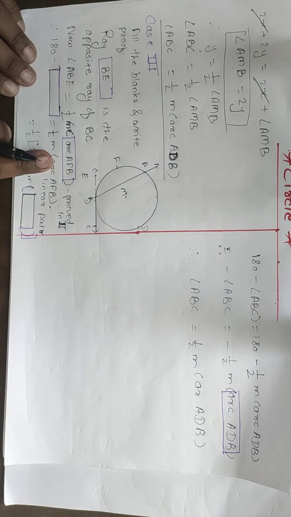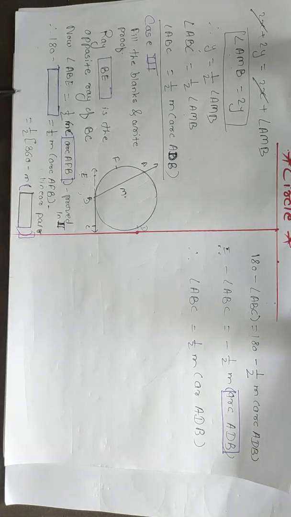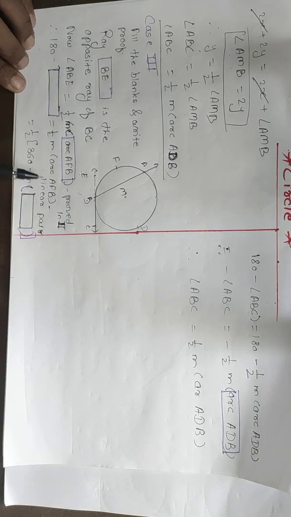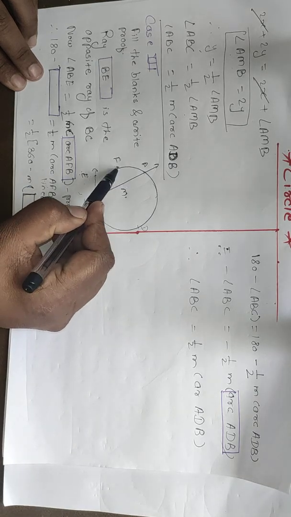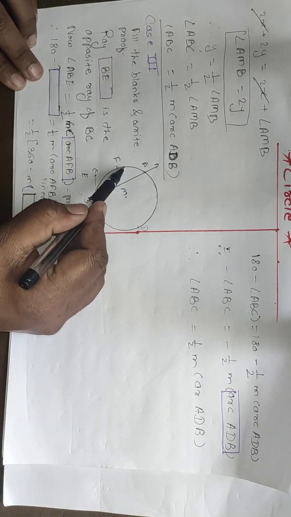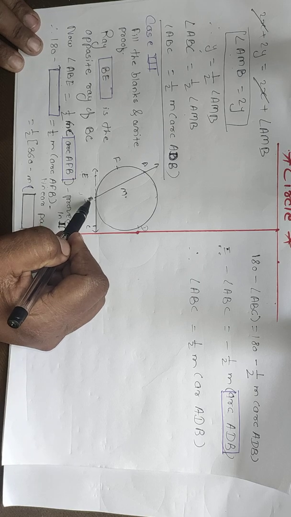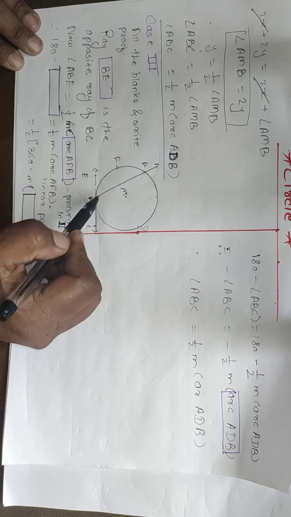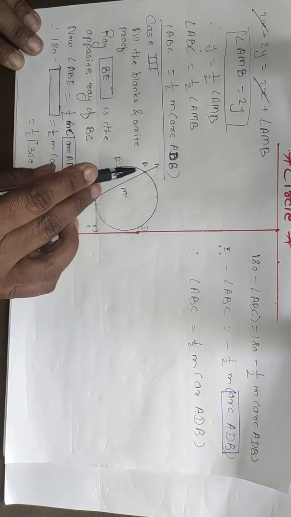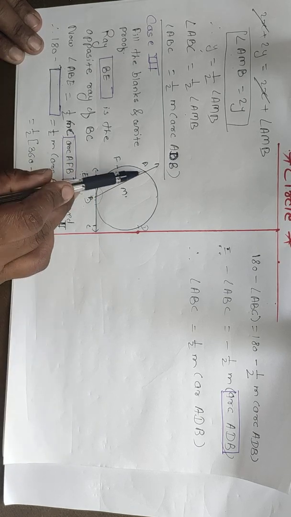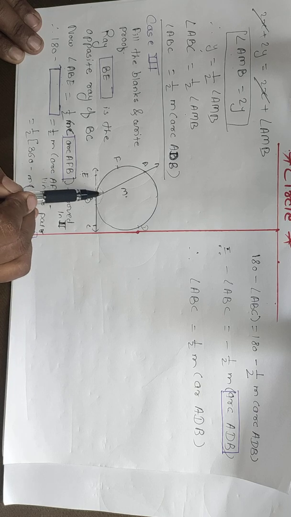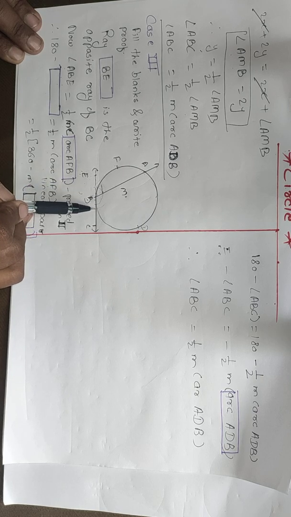Next, here 180 minus box is equal to 1/2 measure of arc AFB. So what is written here? 1/2 arc AFB. This is AFB, and 180 minus what we have to write here? ABC, as you know that they are in a linear pair. So if we subtract ABC, this is ABE. What is the measure of angle ABE? The total angle measure is 180.